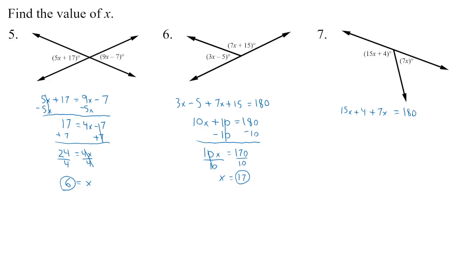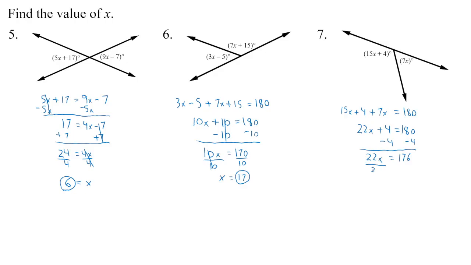So we're going to solve the equation. We're going to combine our like terms. 15x plus 7x is 22x plus 4 equals 180. Subtract 4 from both sides, so we have 22x equals 176.